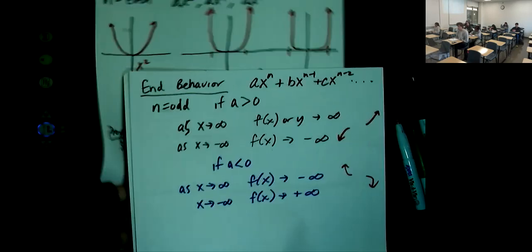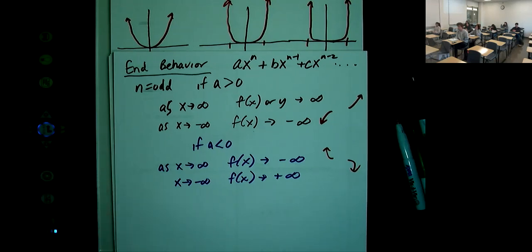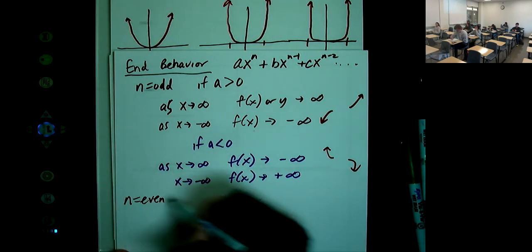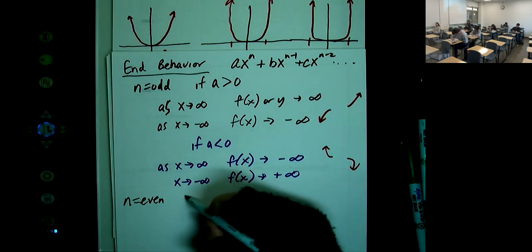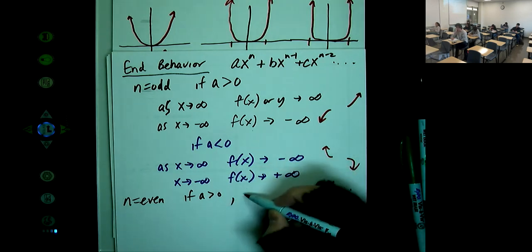What can we tell looking at the even graphs? They both go the same direction, right? So for n equals even, and the ones I've got pictured, A is positive. A is greater than 0. They go the same direction.